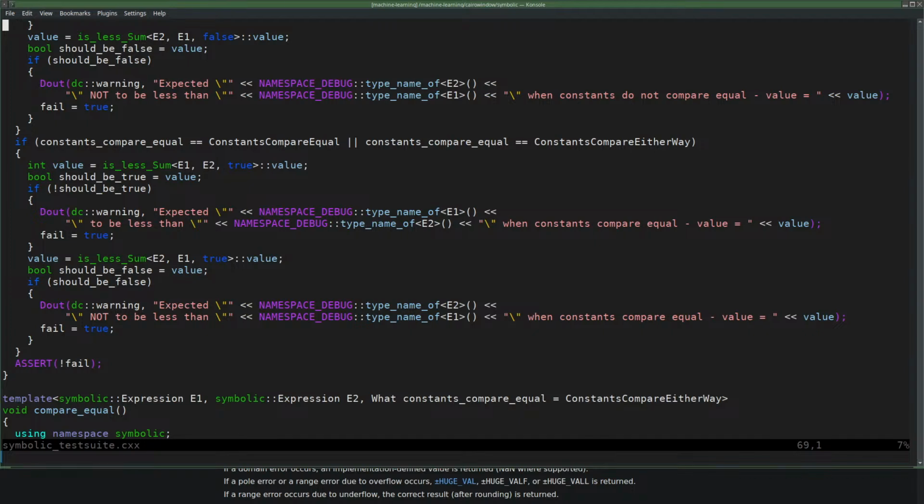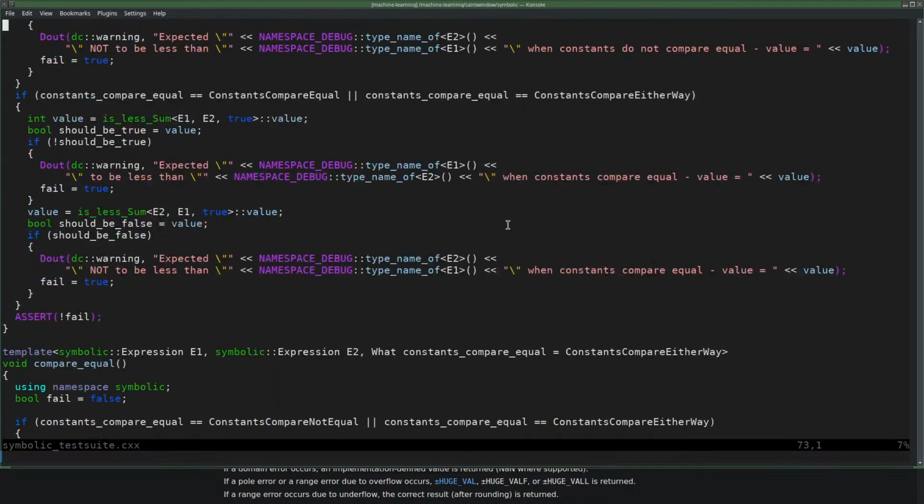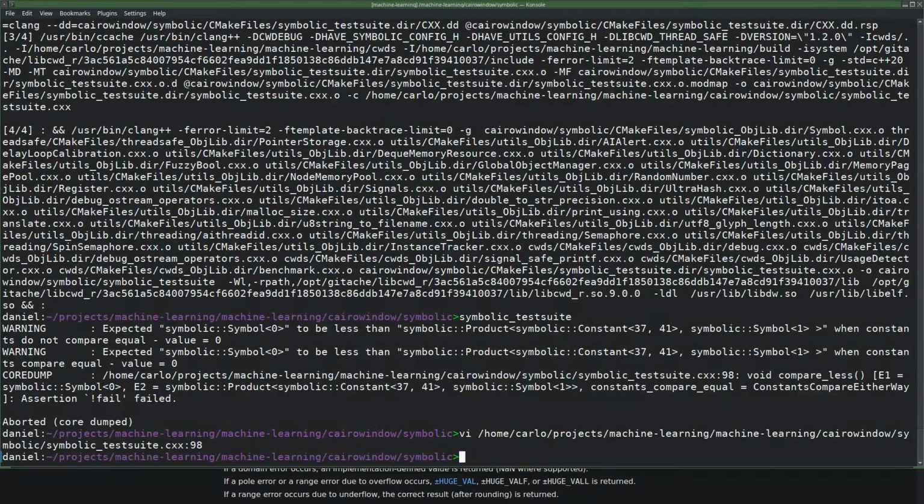Probably because of the either way. But then it should have said when constant do compare equal and when not equal. Did I miss that? Yeah, I missed that. Okay, that's why it was twice.